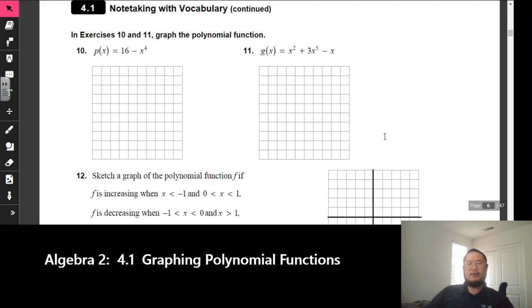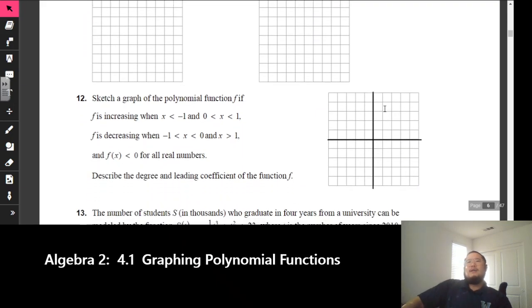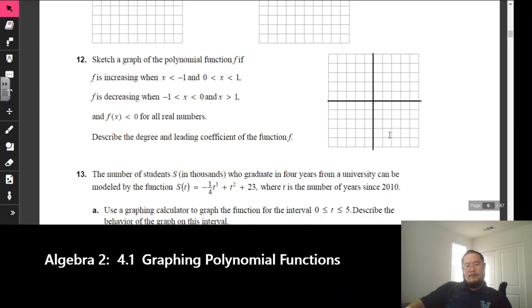So let's go to number 12. They give us this scenario. It says sketch the graph of the polynomial if the function is increasing when x is less than -1, and when x is greater than 0 and less than 1, it's also increasing.